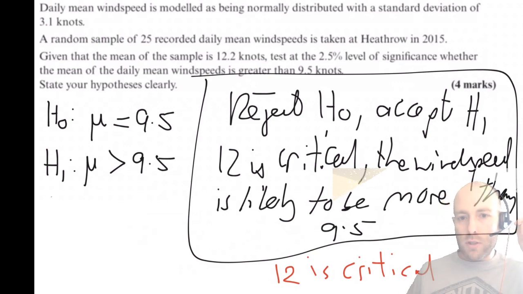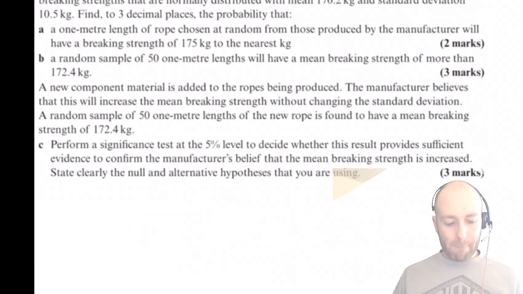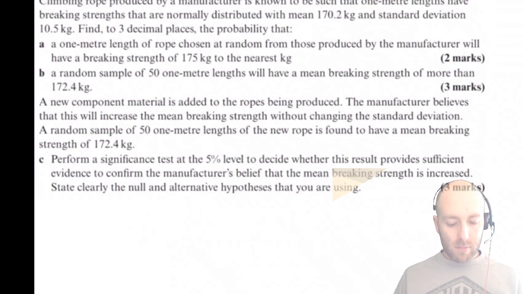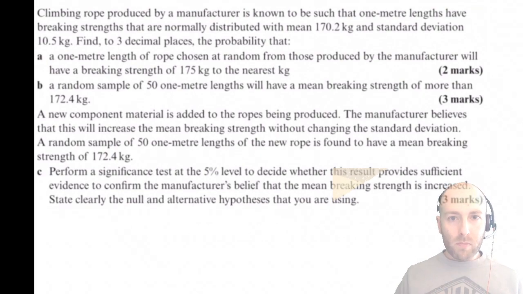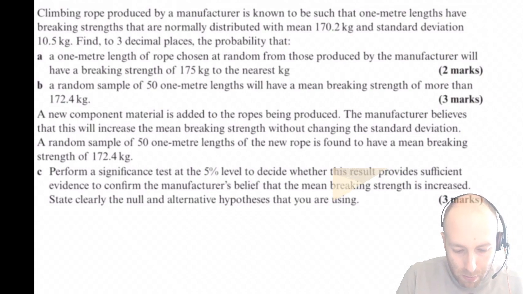Okay, we're going to do one more question. So if you guys could try this one. There you go. So I'll talk you through the parts again, and then you guys can try it. So climbing rope produced by manufacturer, and it's known that 1 meter lengths have breaking strengths that are normally distributed with a mean of 170.2 and standard deviation 10.5.